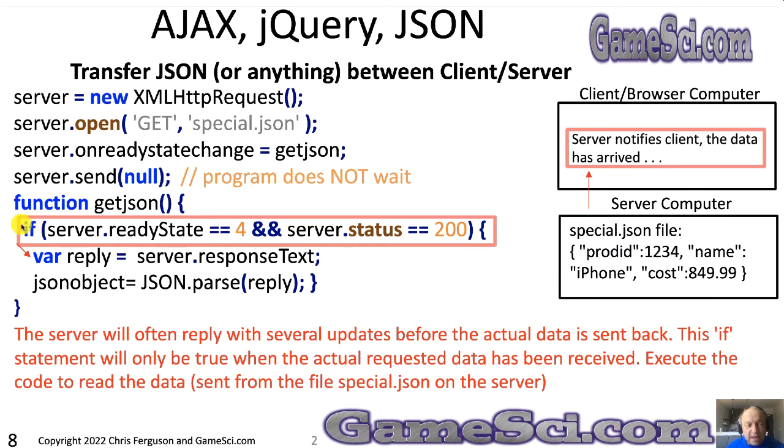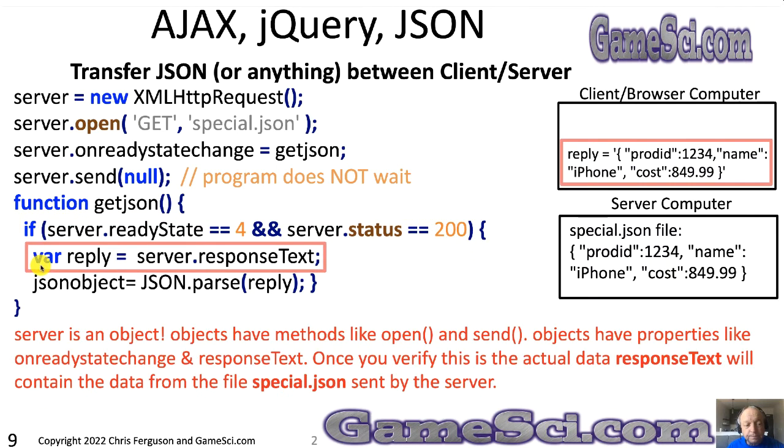So when this if statement is true, it will go inside this code and read the data. The server might have sent 2 or 3 notices back, and each time getJSON ran, but this time when it ran, the server notified the client the data has arrived. We've got confirmation that the real data is now available.